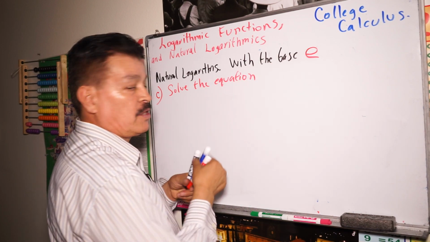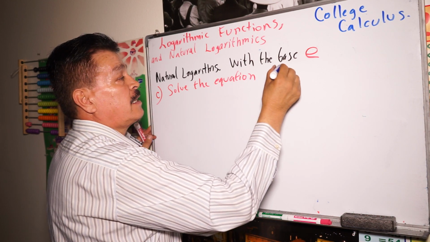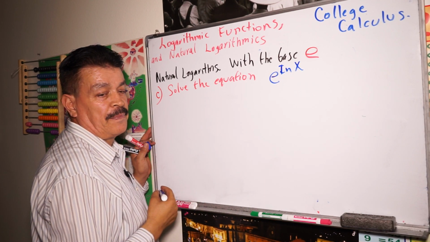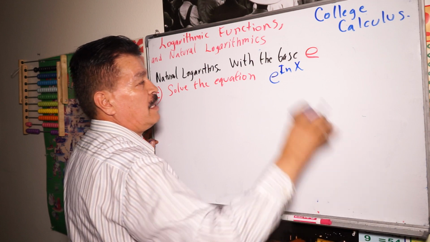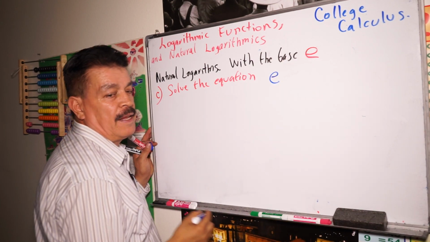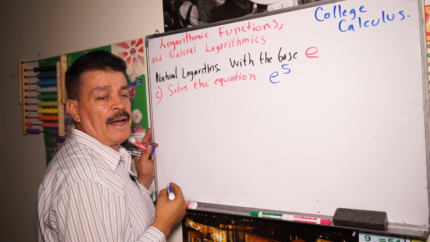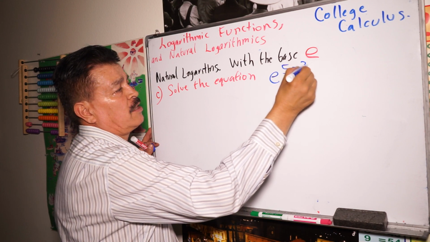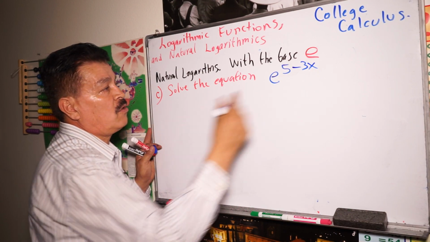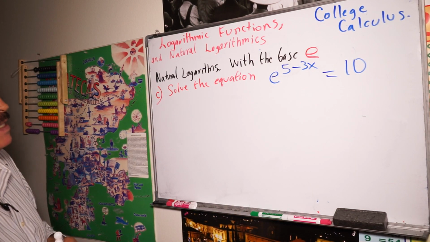The equation is a little complex. e to the 5 minus 3x power equals 10. Let's see.